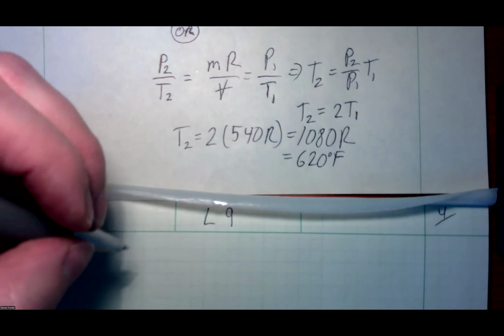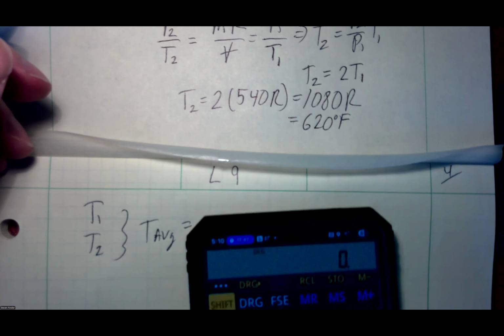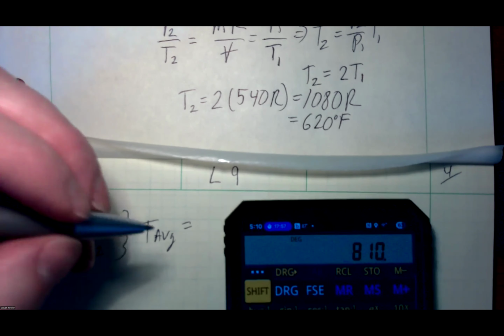That'll give me T average. My average temperature is 540 Rankine plus 1080 Rankine divided by 2, which is 810 Rankine.